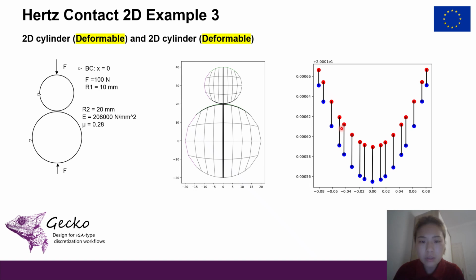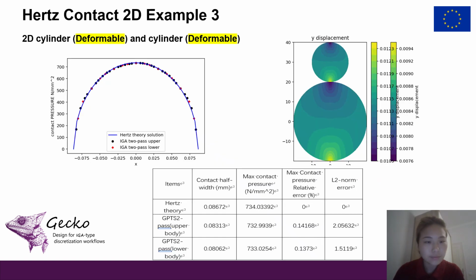It shows the points of interaction between the two cylinder contact boundaries. Here, you can see the IGA predicted contact pressure matches the analytical Hertz solution very closely. The maximum relative error is within 0.2%, and the L2 norm error, the largest one, is 2. It really indicates very excellent overall accuracy.